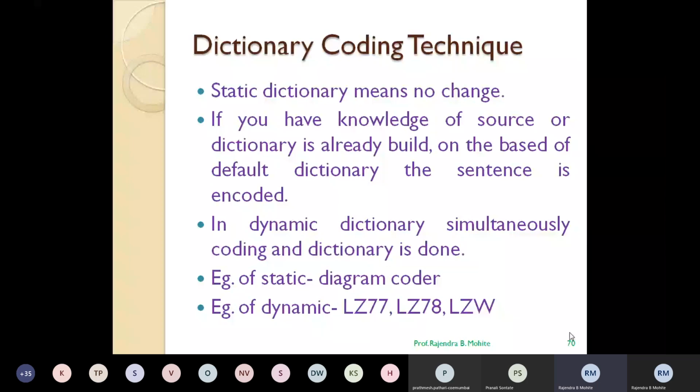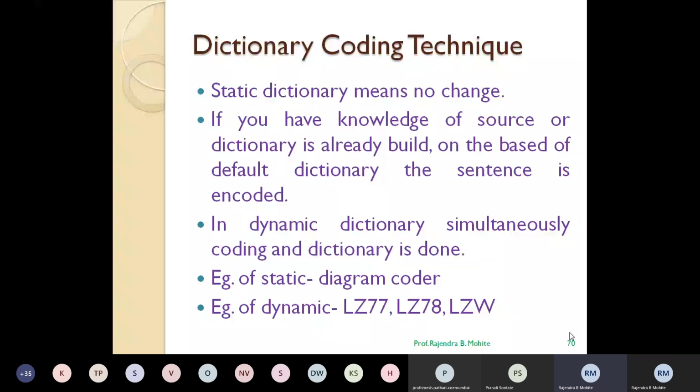If you have knowledge of the source, or a dictionary is already built based on a default dictionary, the sentence is encoded. Keep in mind, for this type of dictionary coding technique, the source is nothing but the set given to you for encoding and decoding. If you have knowledge of that source, then based on that source you build the dictionary, or the dictionary is already given to you. Based on that default dictionary, you encode the sentence.